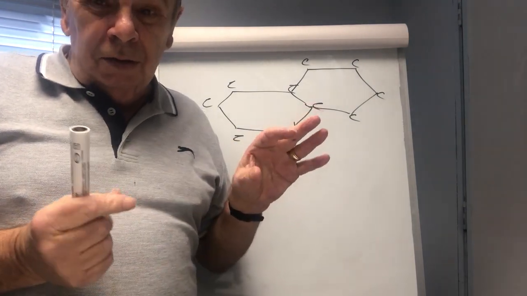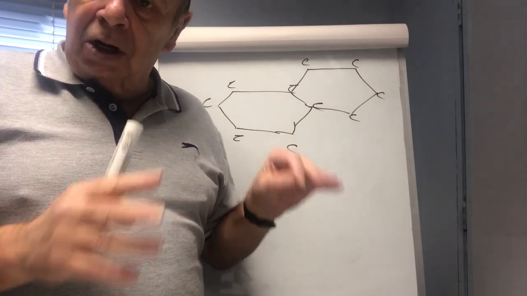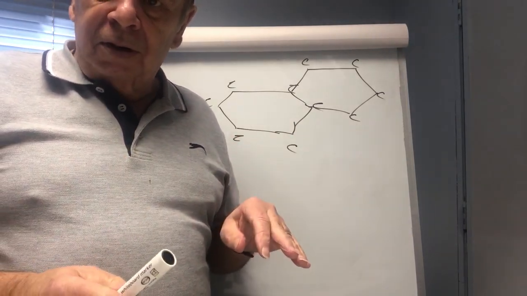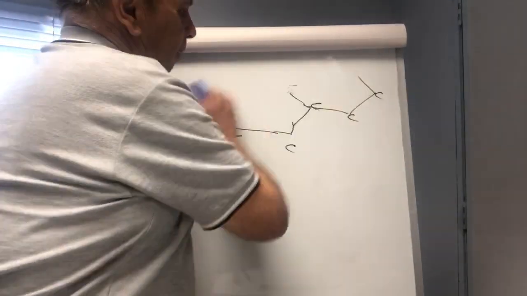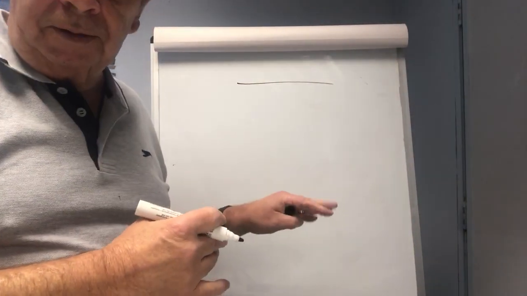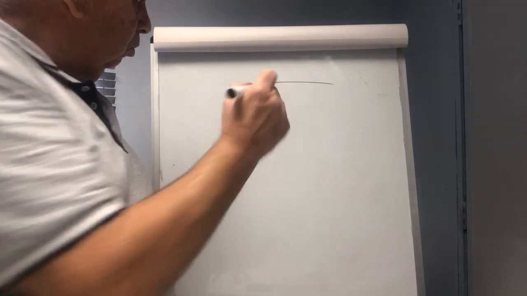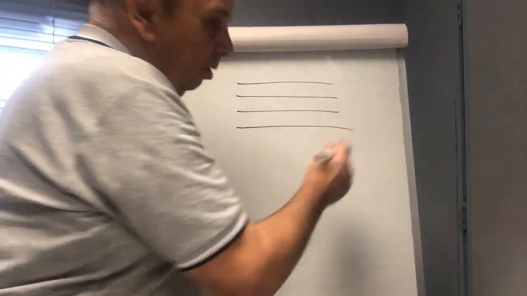They're joined in a 3-dimensional structure, but unlike diamond, they're joined in layers. So what we've got is a layer of carbon atoms joined in hexagonal structures, another layer, another layer, another layer.